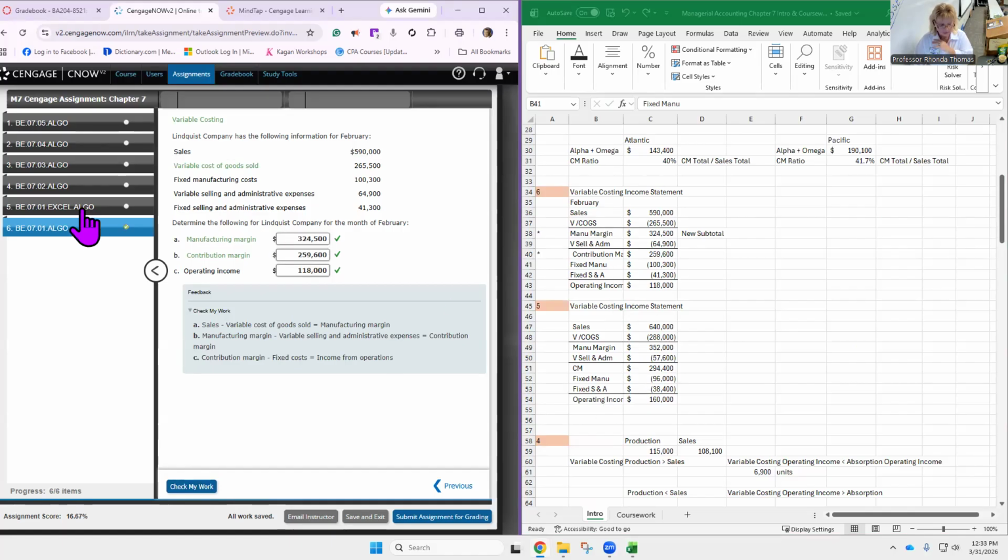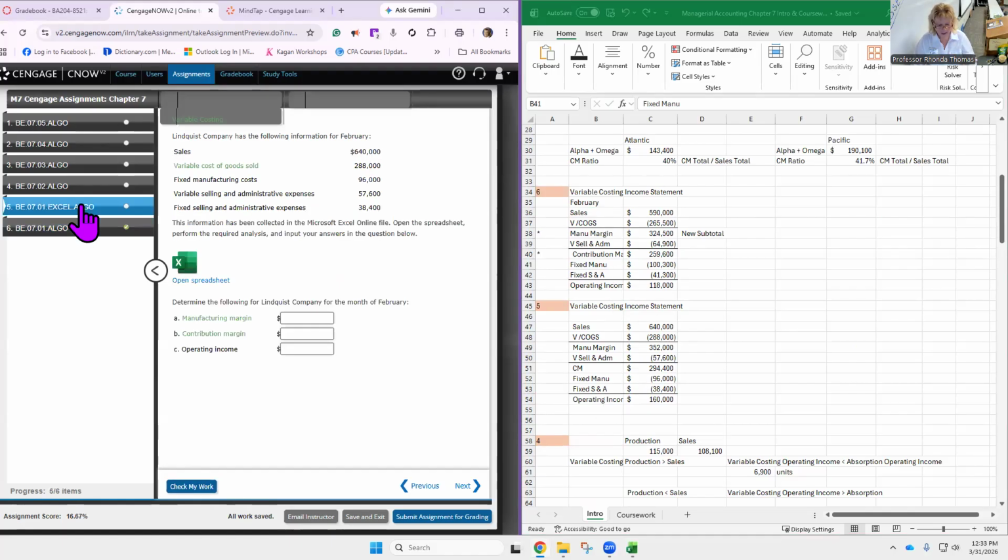Okay, we're going to do another one, almost like it, but we're going to use Excel. This is a variable costing income statement. Sales of 640,000 minus 288,000 in variable cost of goods sold to get manufacturing margin. Remember, that is a subtotal, and so is contribution margin.